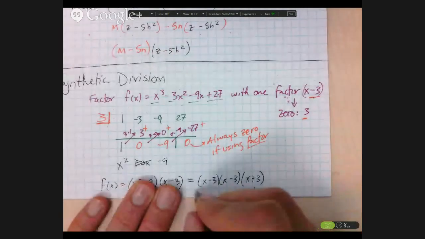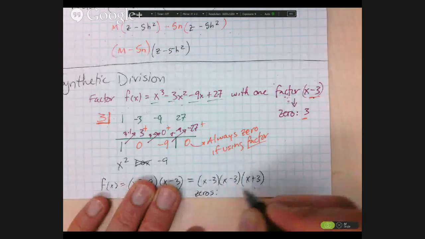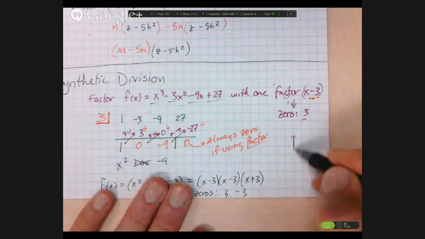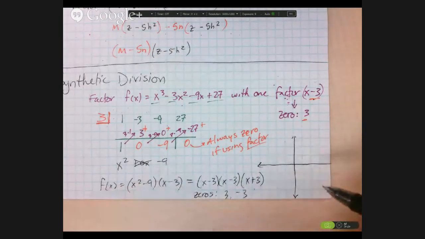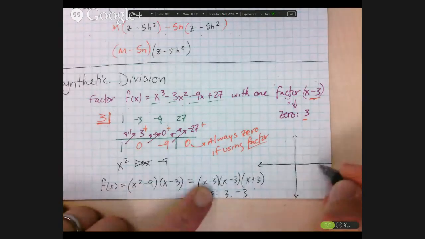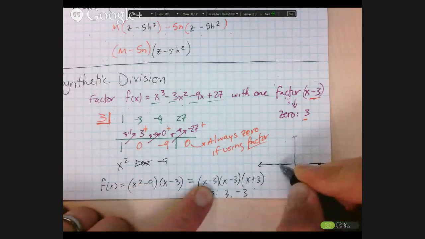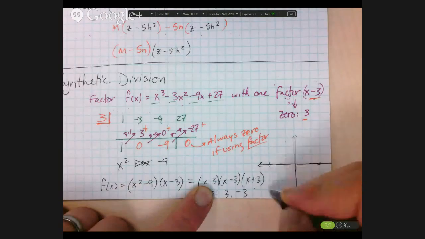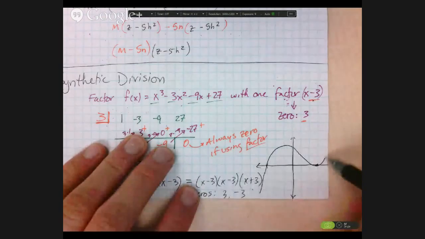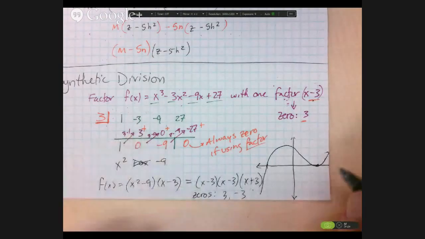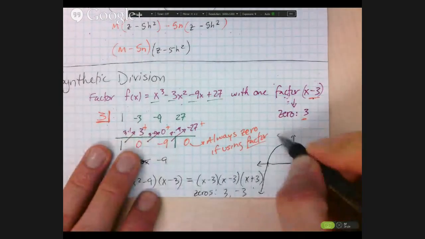Got him. What are the zeros? 3 and negative 3? Okay, that's what my cubic is sketched.